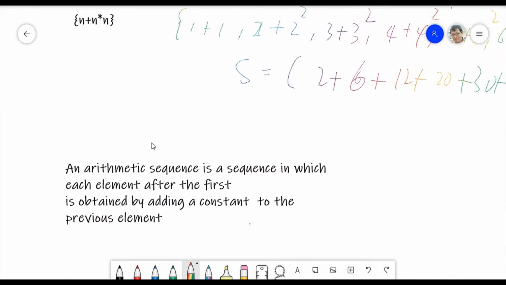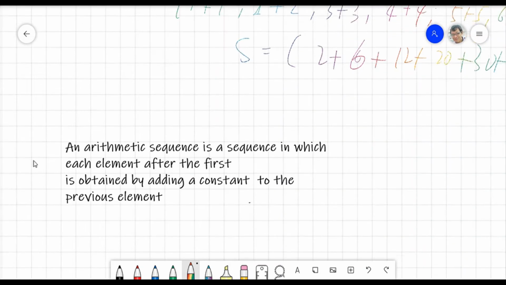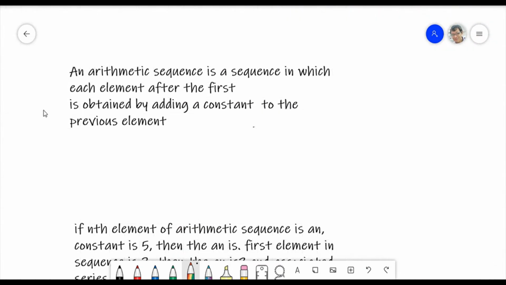Now we go to two concepts. First is the arithmetic sequence. Why do we call it arithmetic? Because arithmetic is more related to plus, minus, times, something like that. Here, each element after the first element is obtained by adding a constant.